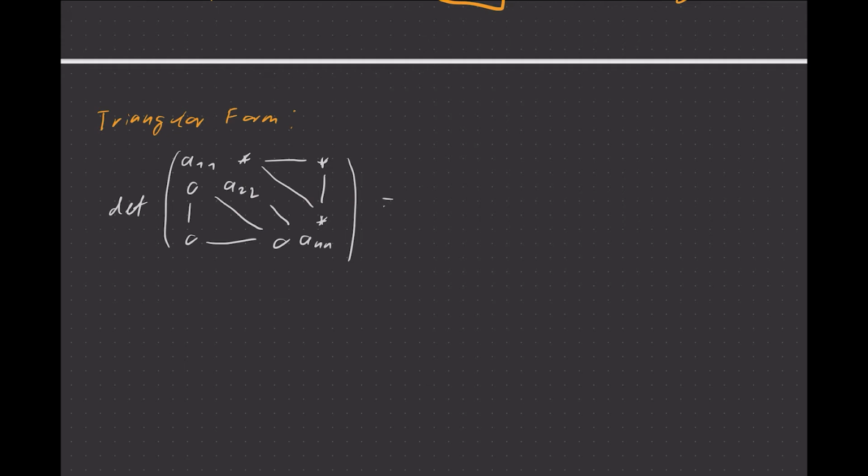So in the end, what we will have is A11 times A22 times A33, and so on, up to Ann. So in other words, this is the product of the diagonal entries, Aii. So if the matrix is in this form, then the determinant is immediate. You just multiply all the diagonal entries. But you need to have zeros here below. That's why it's called triangular form.